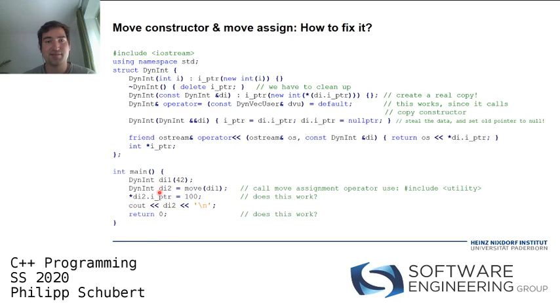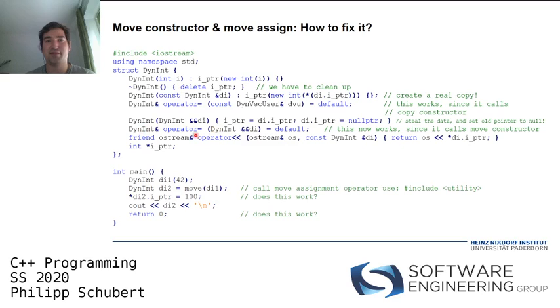The destructor for di2 is called, and it works perfectly fine because we have one pointer to that heap memory, everything fine. And then the destructor for the di1 variable is called, which deletes whatever iptr points to. But as we in the move constructor set it to the null pointer, nothing bad happens. So it's perfectly fine, perfectly legal, and we solve the problem here.